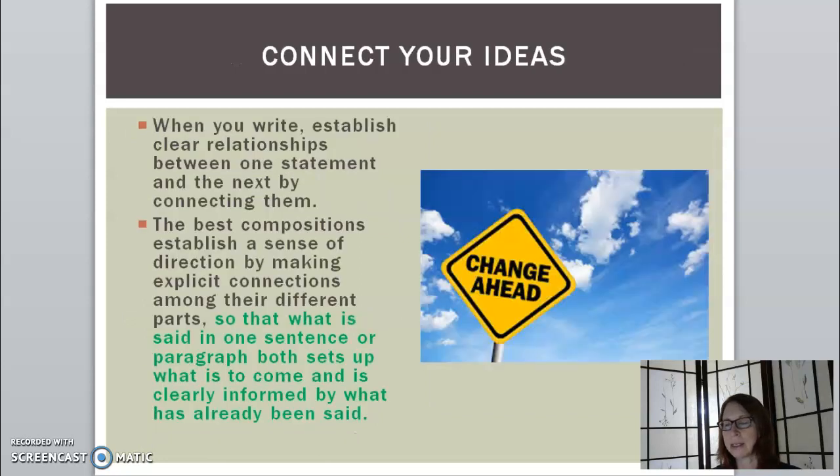So when you write, establish clear relationships between one statement and the next, so that what is said in one sentence or paragraph both sets up what is to come and is clearly informed by what has already been said. So everything in your essay is cohesive and connected with each other.